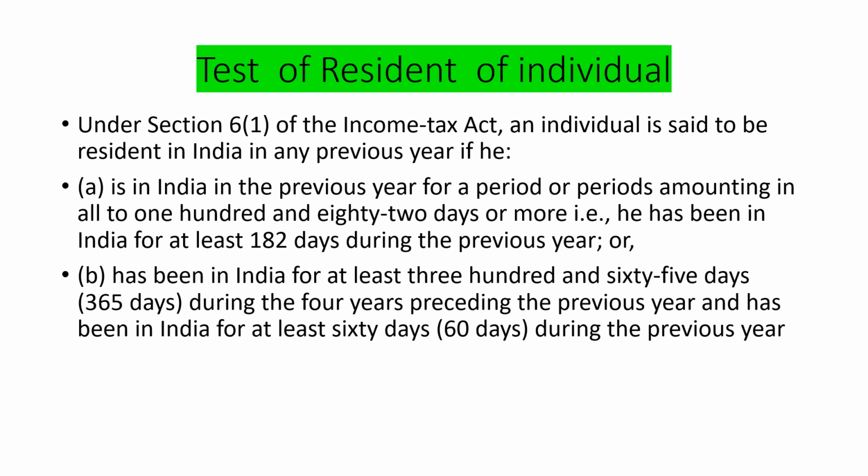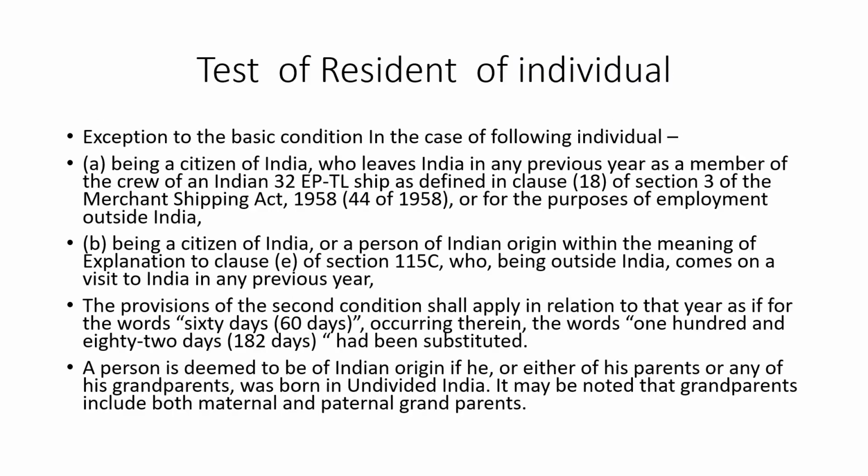If he has not completed both conditions, then he would not qualify as resident. And if he completed only one condition from that, he would qualify as resident of India.